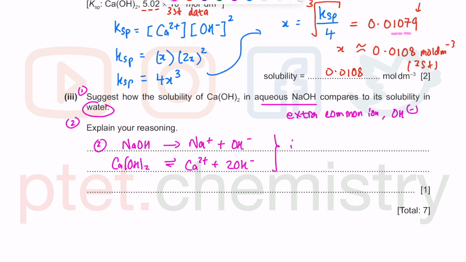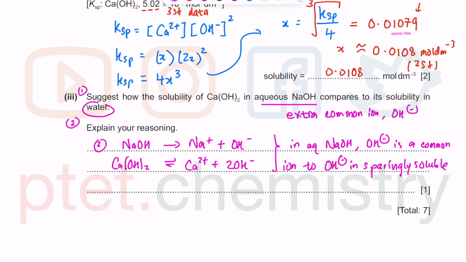So in aqueous NaOH, the OH minus is a common ion to the sparingly soluble calcium hydroxide. I think I'm running out of space there. Maybe I can just delete that and write it as a whole sentence.